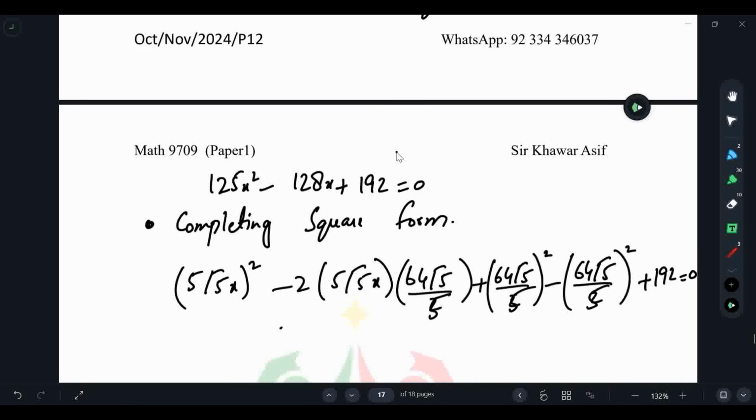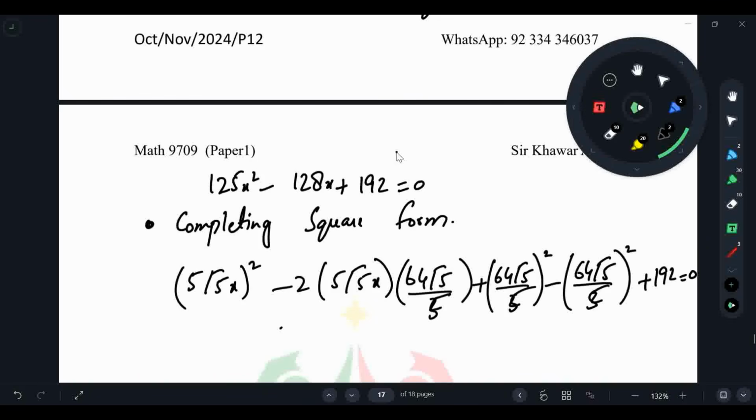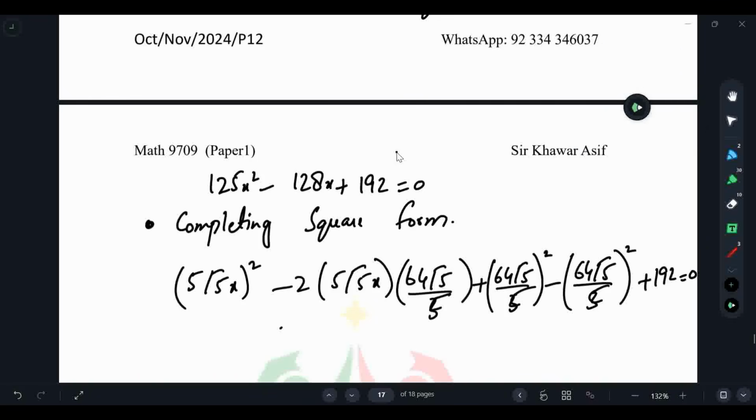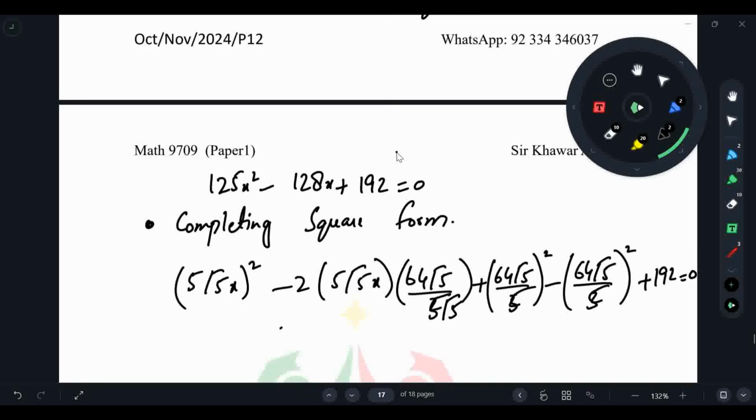The first one is correct. Let me check the second one. How can we make this one as 128? For 128, we need to multiply it with square root of 5. The square root should be here.